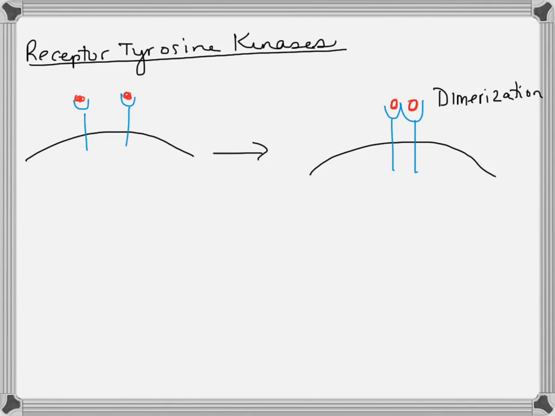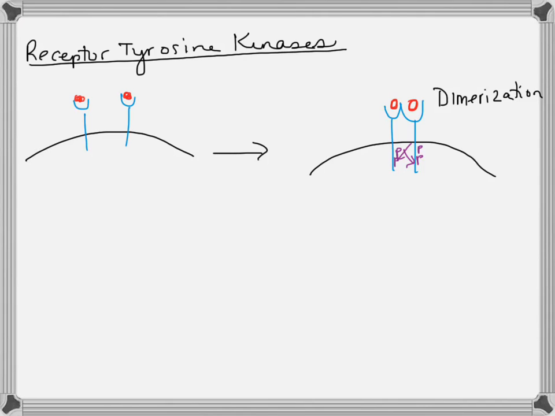When the receptor tyrosine kinases dimerize, that allows them to become kinases and to actually phosphorylate substrates. And the first substrate that they phosphorylate is each other. So these receptor tyrosine kinases actually phosphorylate the intracellular portion of the other receptor in the dimer.